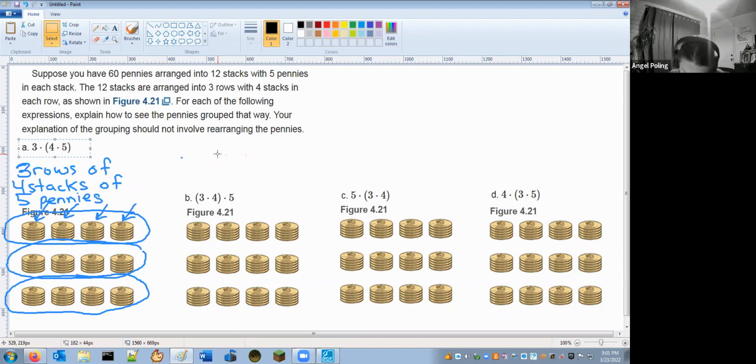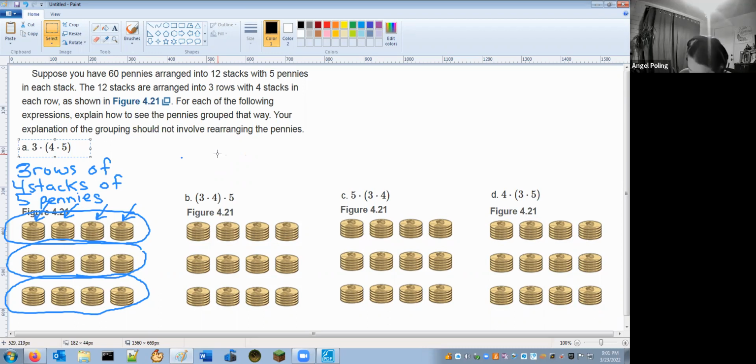So we have 3 rows of 4 stacks per row, each stack with 5 pennies. So 3 rows of 4 stacks of 5 pennies in each stack. Okay, so we didn't rearrange the numbers and we kept with the 4 groups of 5 and 3 groups of 4 times 5.